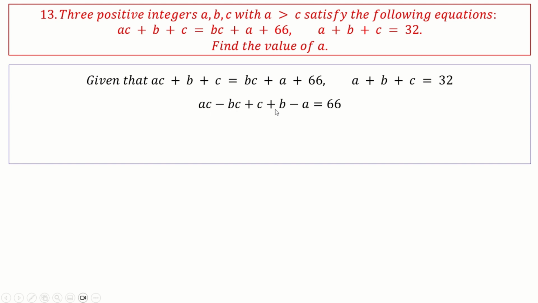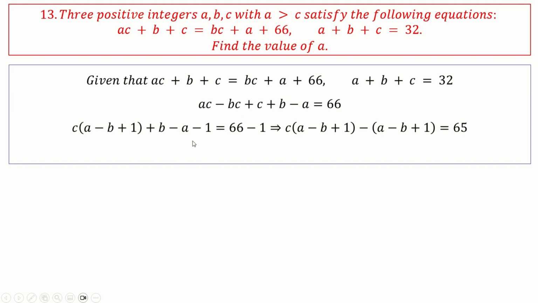AC minus BC plus C plus B minus A equals 66. I can take C common, then it will become C into A minus B plus 1, plus the remaining thing, B minus A, and I am adding a minus 1.